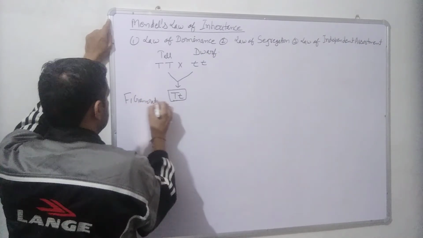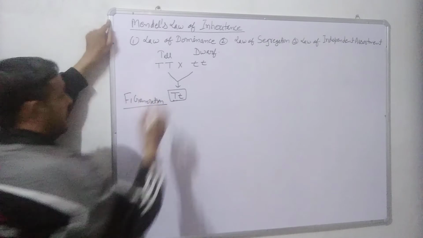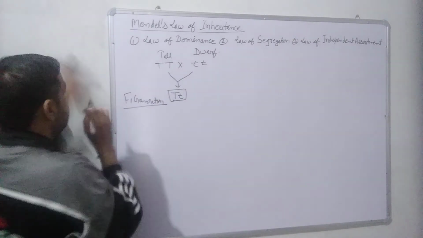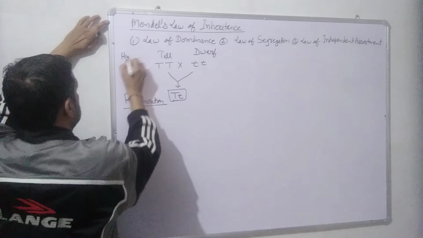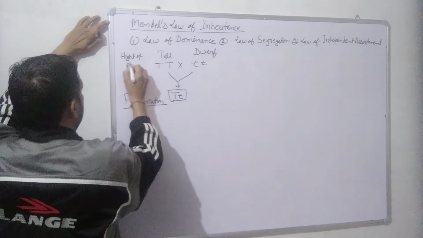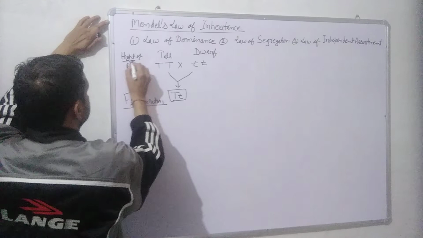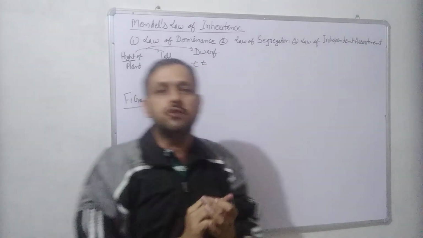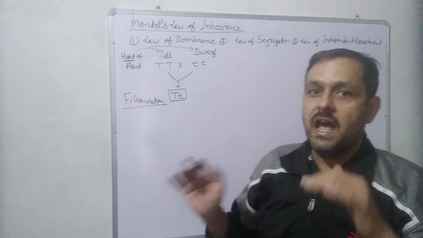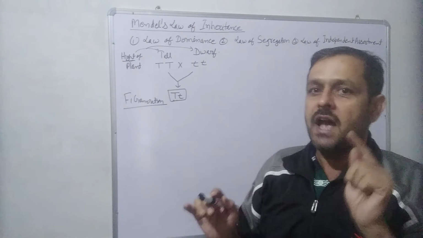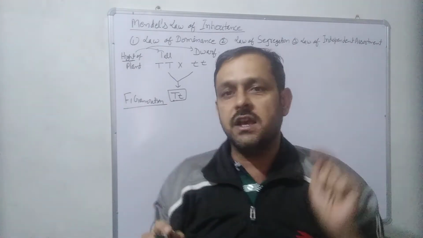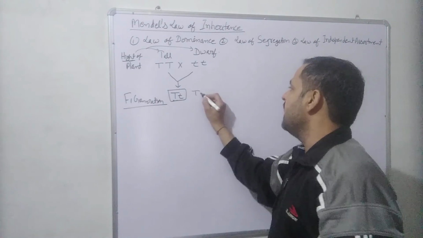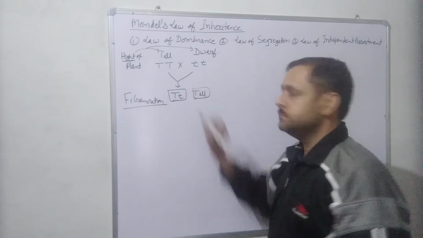In the F1 generation only a single trait comes. The character is the height of the plant, and height has two traits, tall and dwarf. But Mendel did the experiment on it.